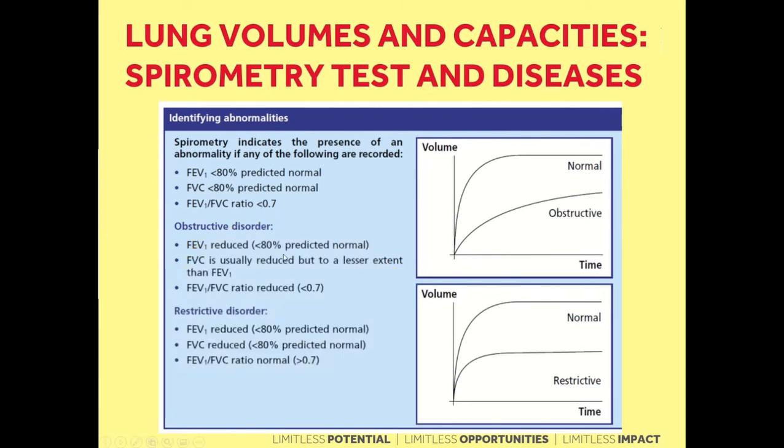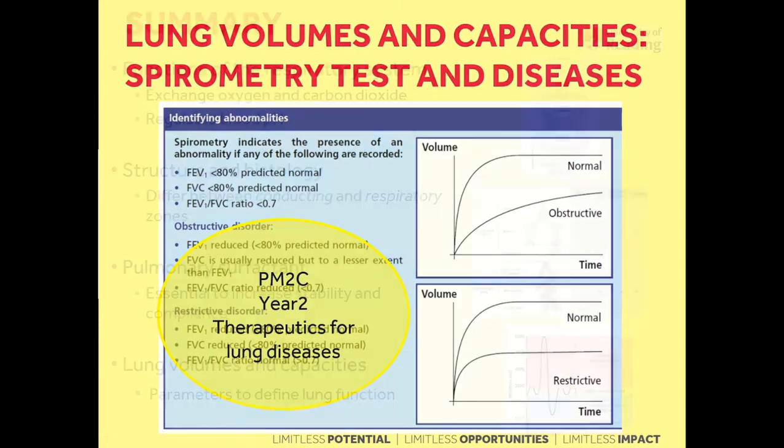In obstructive disorder, for example, the FEV1/FVC ratio is usually reduced, but this pattern is not seen in restrictive disorder. But you will learn more about the difference between restrictive and obstructive disorders and how we diagnose them next year in PM2C2, when you will learn about therapeutics for lung diseases.